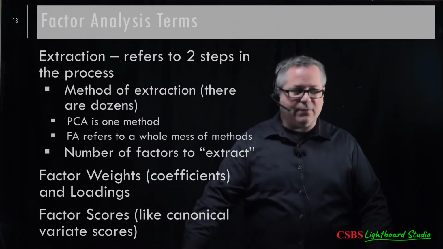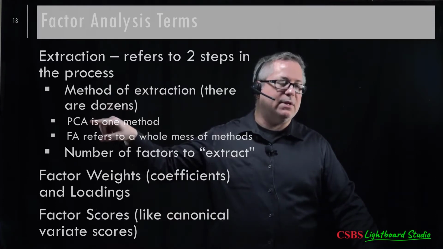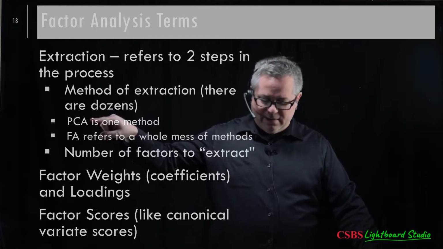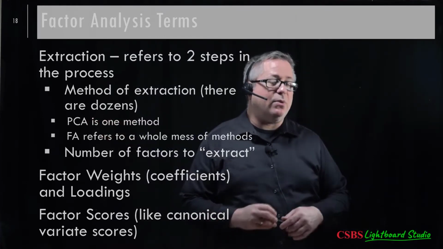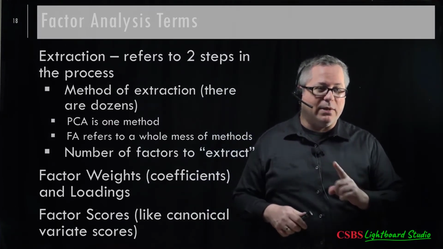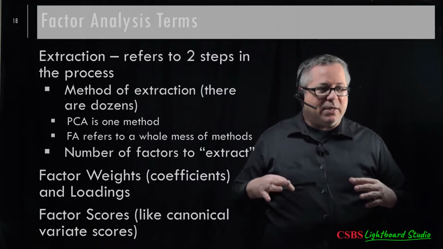So the big difference we talked about before is that PCA doesn't try to estimate the commonalities first. It assumes that all variance is common, which is a weird thing to assume. It's basically saying that not only are all the items perfectly reliable, like a reliability of 1, but that all the variance in that reliable item relates to the factor.